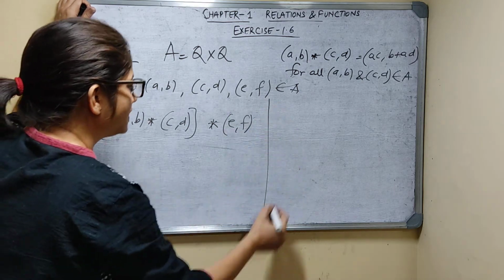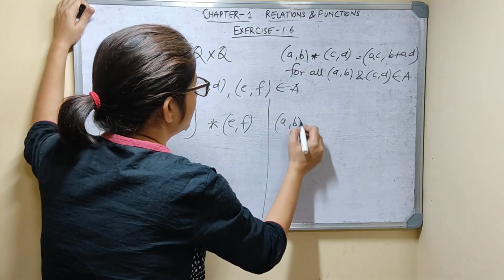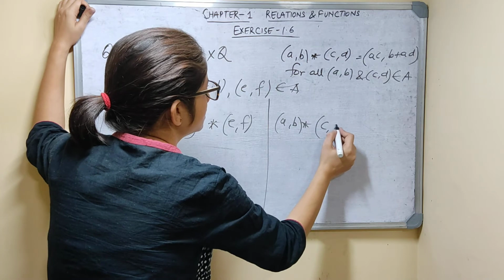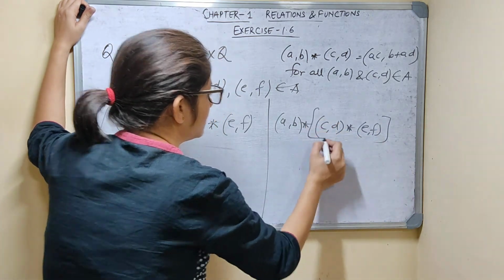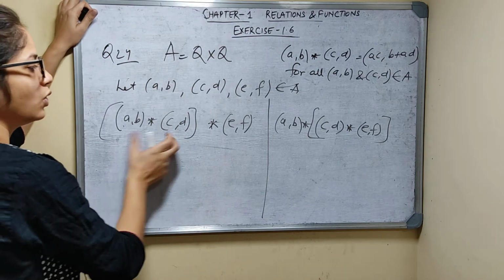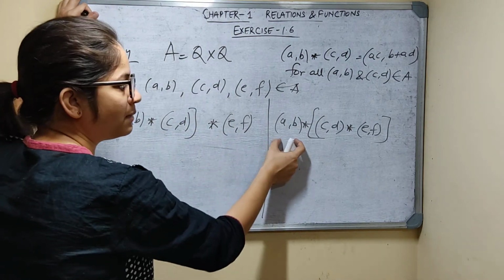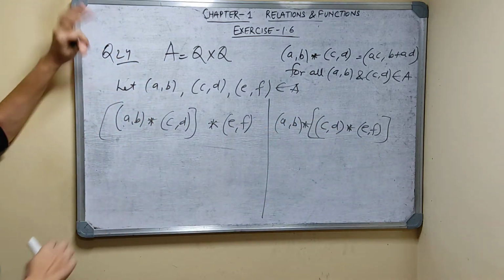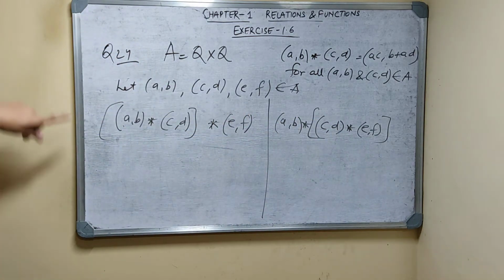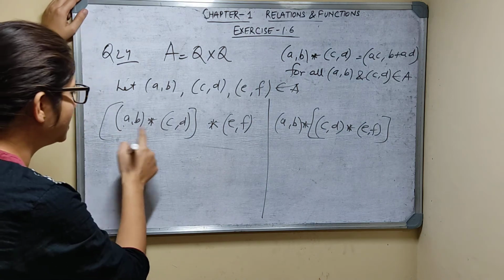Next I will do (a, b) star the whole of (c, d) star (e, f). Here I will leave (a, b) as it is. First I will do (c, d) star (e, f), then I will check both are equal, then I can say that it is associative.